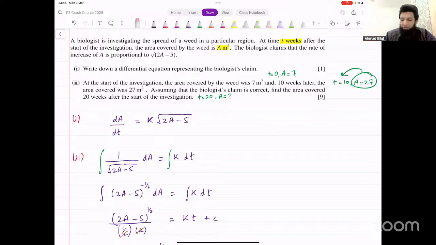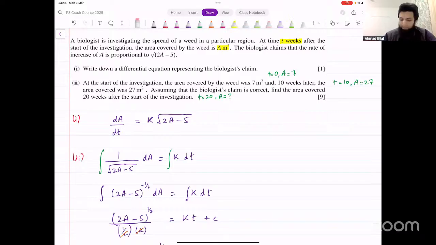So they're at specific points, and you cannot assume that the rate is constant, if that's what you're thinking, that you find the rate of change of these two values by maybe finding the gradient like this, 27 minus 7 over 10 minus 0. That does not work. That would be assuming that the rate of change is constant. That's a straight line, and it's clear that it's not a straight line because it's a square root function. So there's no way to find the rate of change at any particular point without additional information.